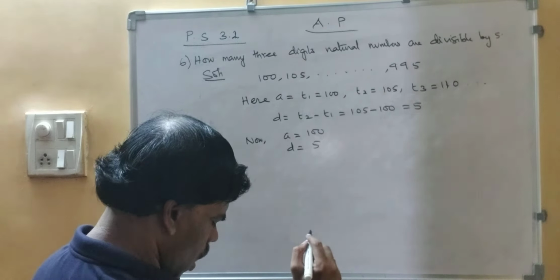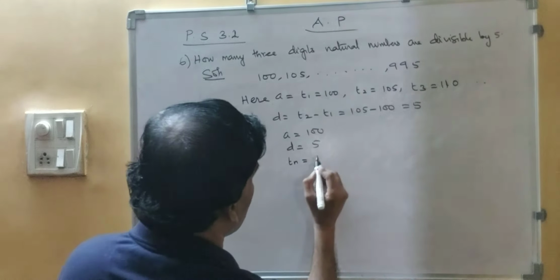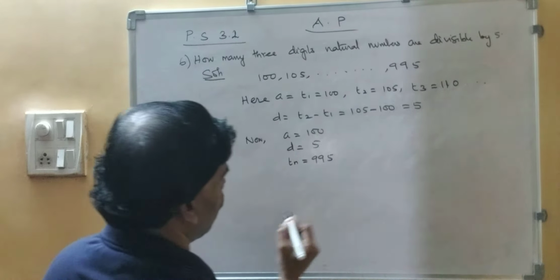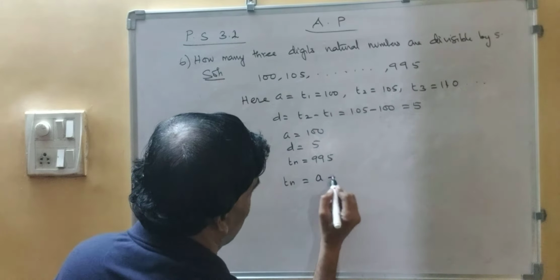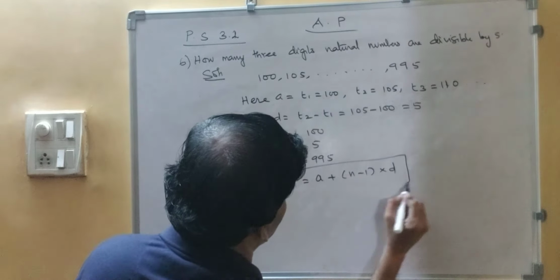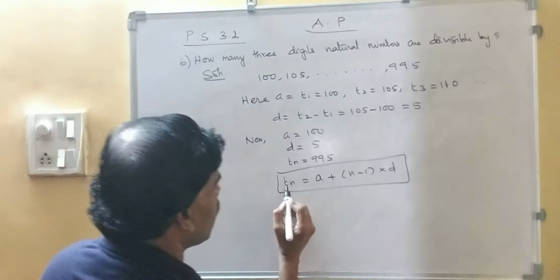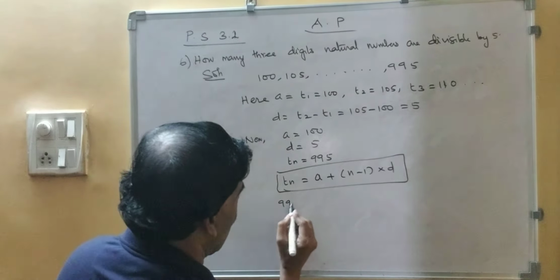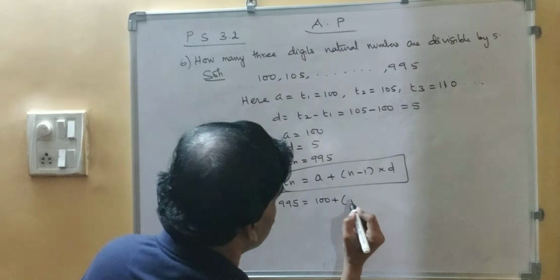So, we will write the formula. See here Tn, what is the nth term? 995, okay? So, Tn equal to A plus n minus 1 into D. So, we have to find out n here. So, what is Tn? 995 equal to 100 plus, what is n?